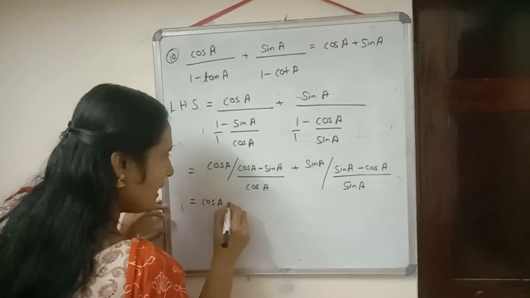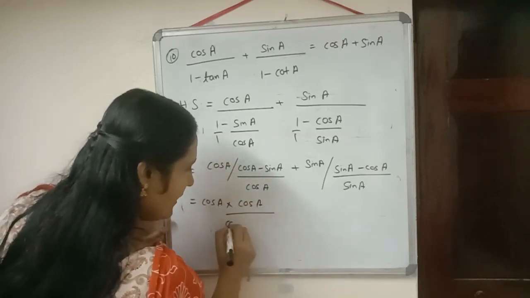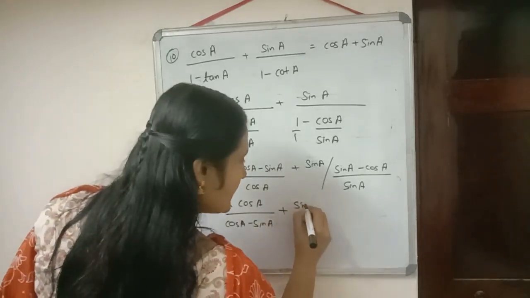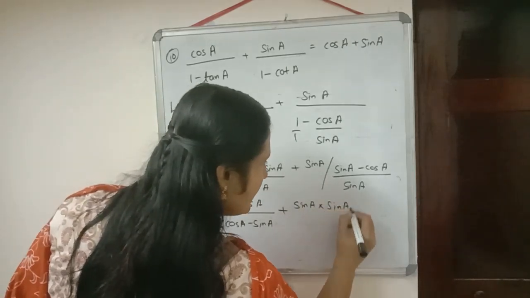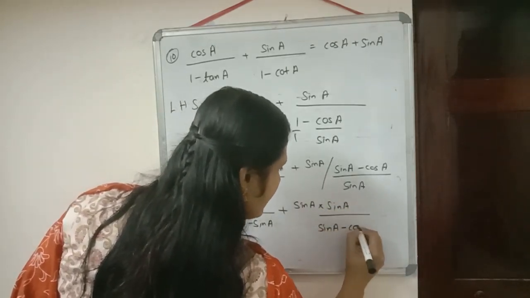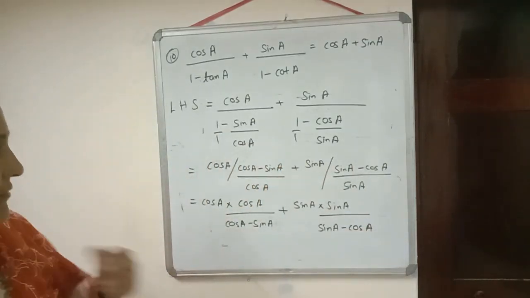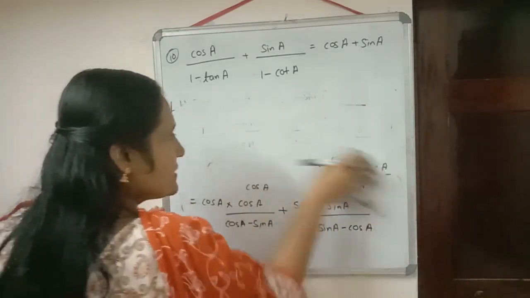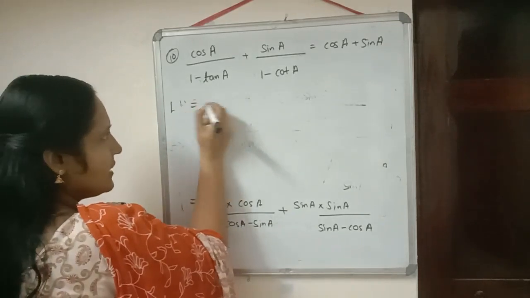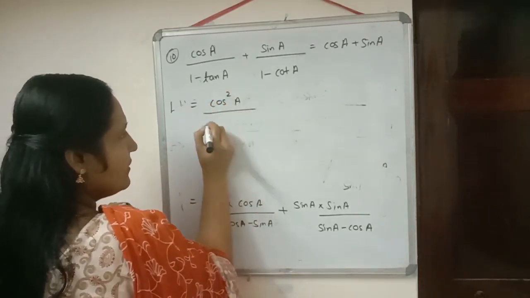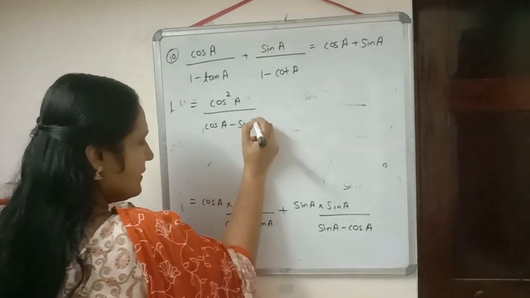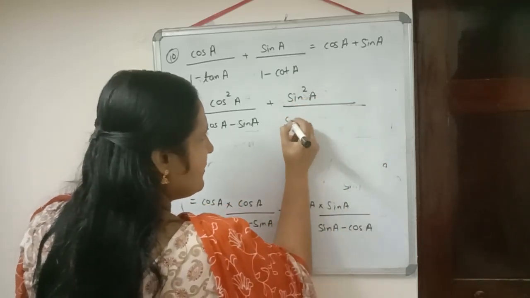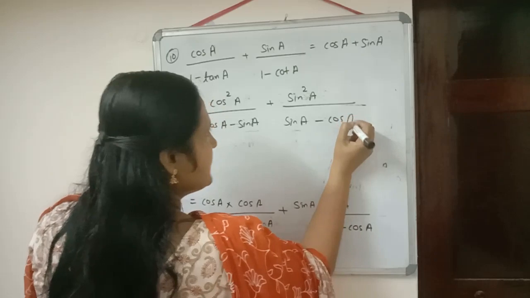Then it will come cos A into cos A by cos A minus sin A plus here also we will get sin A into sin A by sin A minus cos A. So you can check here, we are getting cos square A by cos A minus sin A plus sin square A by sin A minus cos A. Now you can check how we can do it.